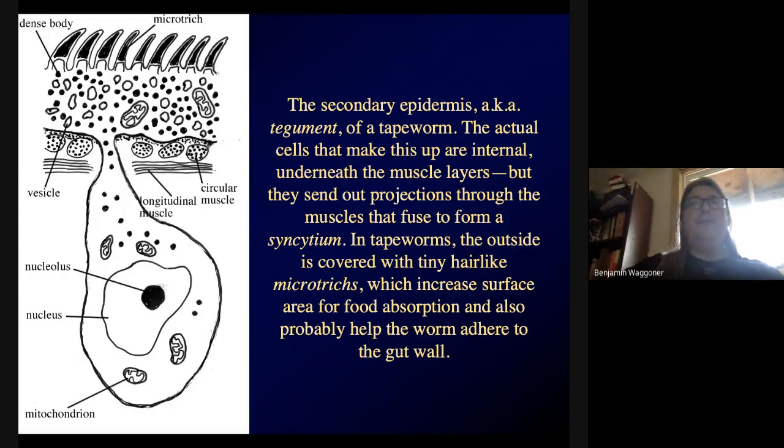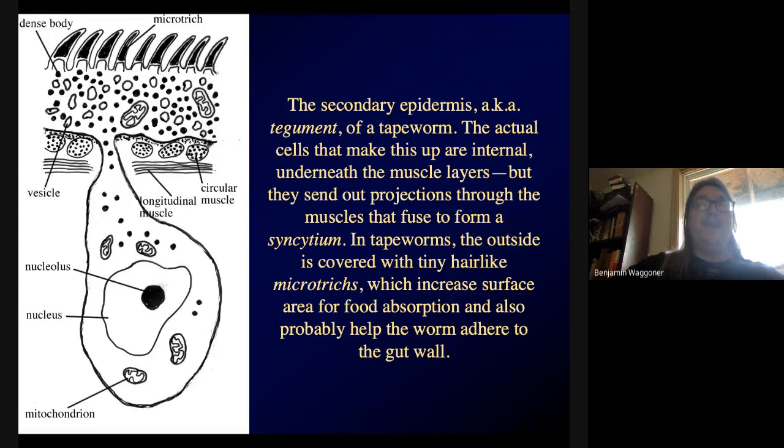So what you have is an epidermis where these extensions of the epidermal cells form this covering over the entire body, and the actual bodies of the epidermal cells are down below, under the muscle layer.